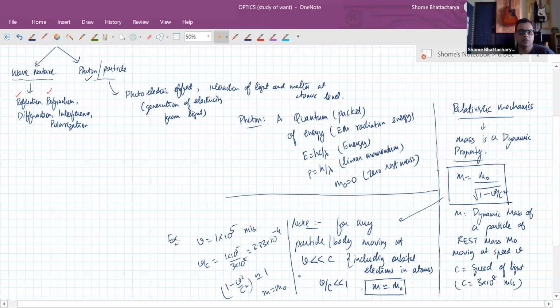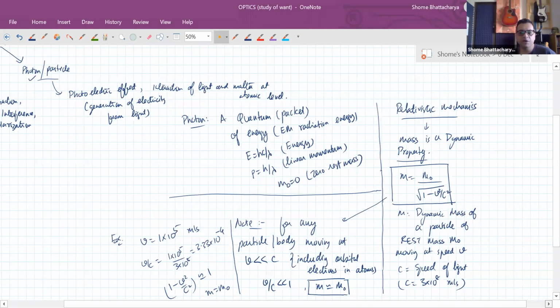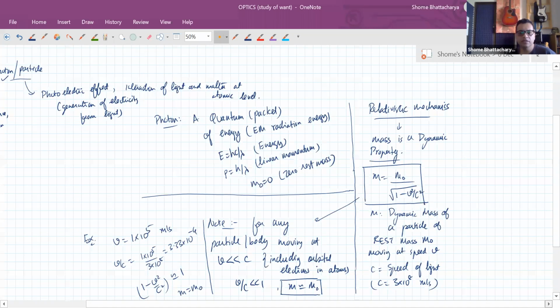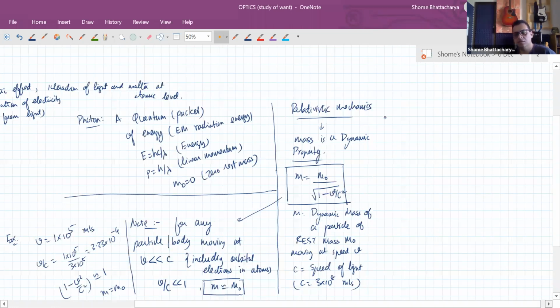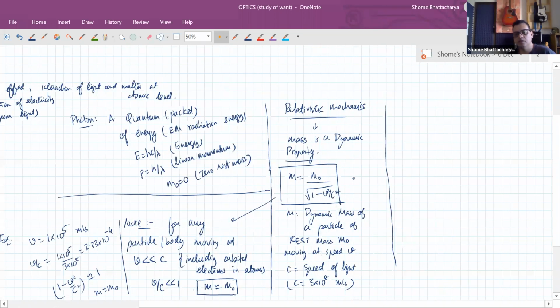It is only significant where you're talking about very high energy particles moving at speed close to speed of light. So this is significant.